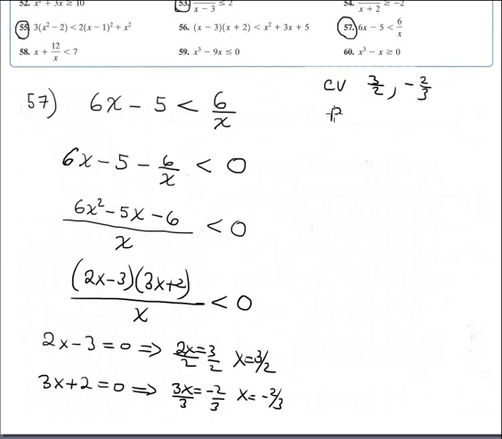And the restriction is obvious, okay, x equals 0. Now let's use this for the partition. The partition is over a number line, positive infinity, negative infinity, is 0, 1, 2, 3 halves is here.